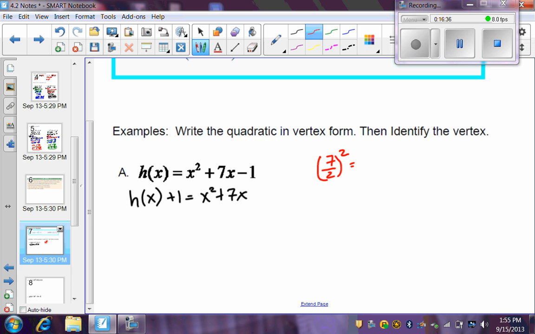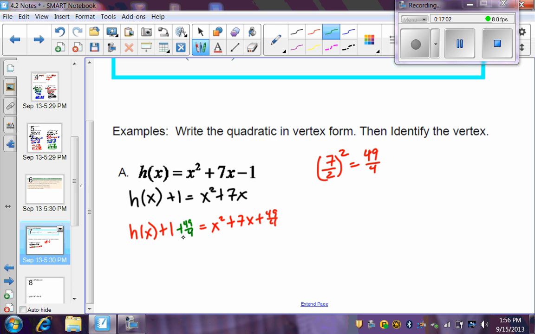Let's square that, so that's going to be 49 over 4. So now I have h of x plus 1 equals x squared plus 7x plus 49 over 4. But remember, what I added to the one side, I have to add to the other, so that 49 over 4 has to go on this side as well.